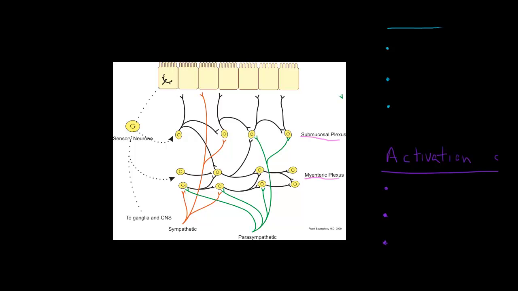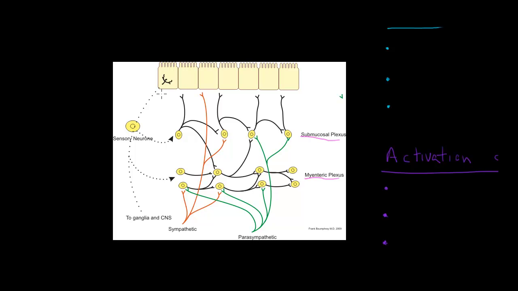It's important to realize that the parasympathetic nerves do not go directly to the epithelium or any of the other effector systems in the enteric nervous system. It's an indirect pathway. It has to synapse with one of these ganglia before the signal can move further onto the effector system. The sympathetic is the same, but there are some that go straight.